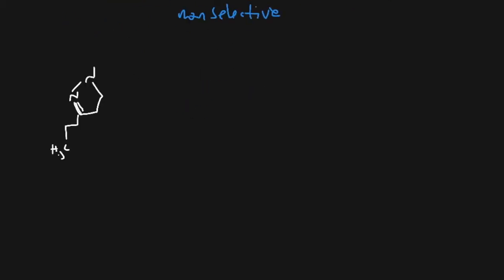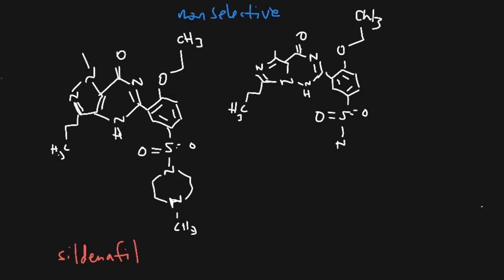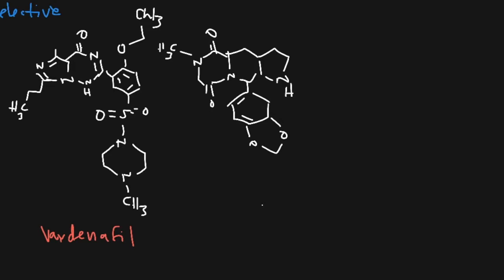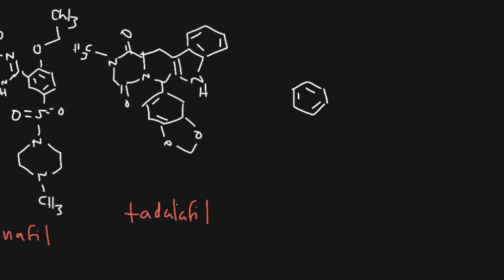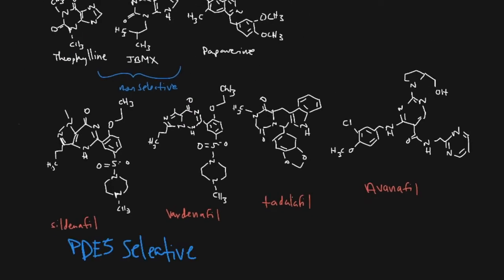Okay, so Dr. Zhang talked about 4 PDE5 selective inhibitors. So remember, these are more selective for the PDE5 isoform of the enzyme PDE. And let's see, he talked about 4. So there's sildenafil, vardenafil, tadalafil, and avanafil.